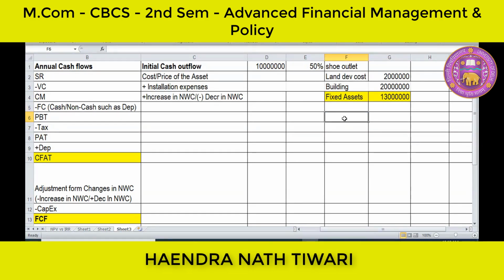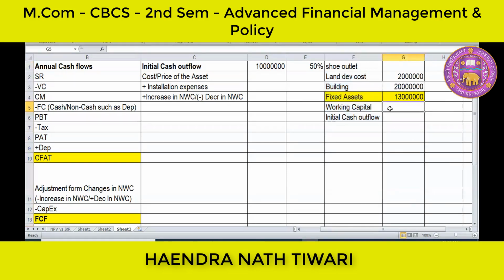And you're supposed to tell me what is your initial cash outflow. But before that, working capital requirement. That is, you need to keep the inventory also, no?